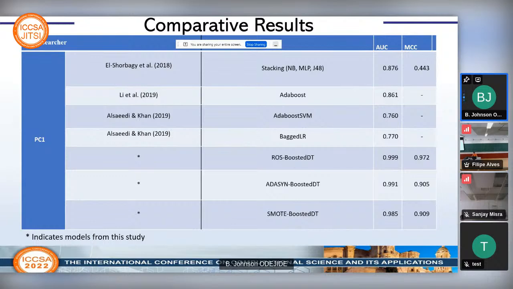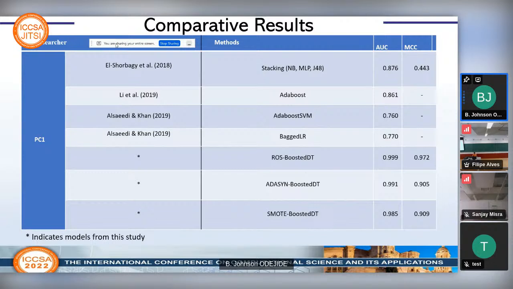So this shows the comparison of what we obtained when compared to what others have obtained. So in 2018, El Shogabi et al. utilized stacking, which is another ensemble method. So they used naive Bayes, MLP, and J48.